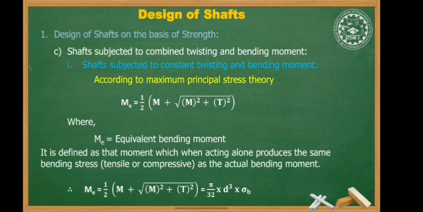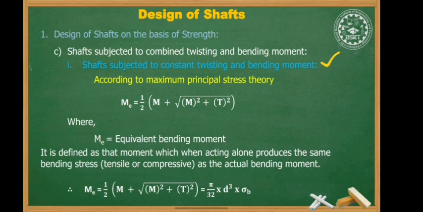Next group is shaft subjected to combined twisting and bending moment. In that group again we have two subcategories, that is shaft subjected to constant twisting and bending moment, and the second category will be shaft subjected to fluctuating twisting and bending moment. Here we use two theories, the maximum principal stress theory and the maximum shear stress theory.